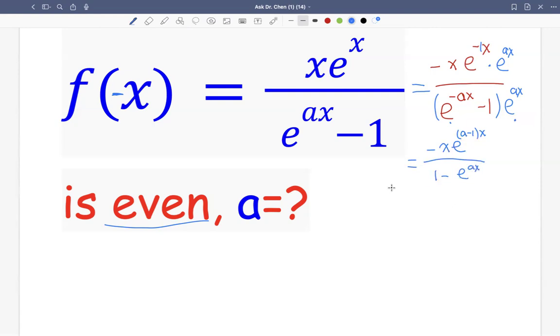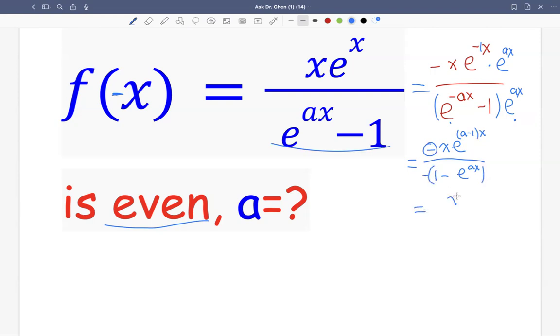All right. Now compare both sides. The left-hand side will have denominator e raised by ax minus 1. The right-hand side, we have 1 minus e raised by ax. So what we could do is apply this negative sign in the denominator.